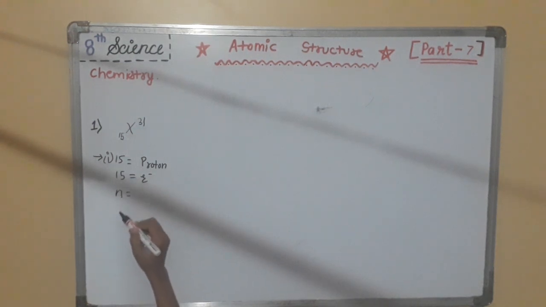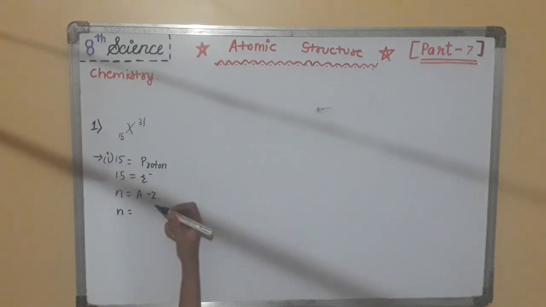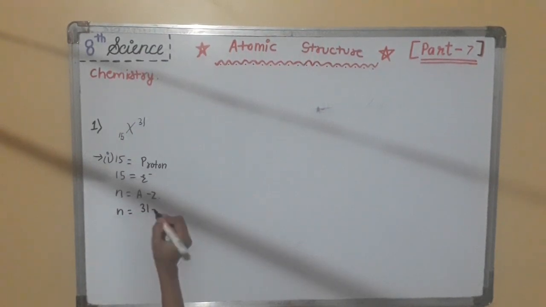Neutron is different. We know the formula for finding neutrons: we have to subtract Z from A, that is A minus Z. A is the mass number, which is 31, and Z is the atomic number, which is 15.